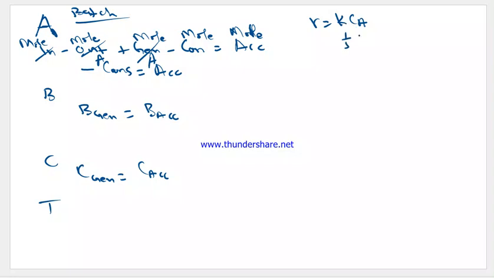So this is per second, this is mole per meter cube, and we have to multiply by V, which is meter cube, to cancel this, and we have to multiply by delta T, which is second, to cancel this, so that we can get mole. Therefore, A consumed is equal to minus kCa V delta T.